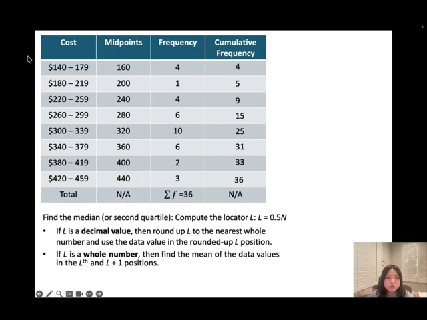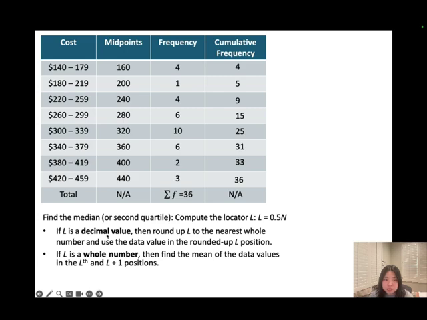Okay, now we're going to follow the steps here, how to find the median in the frequency table. So we do have the formula L equal to 0.5 times N. L represents the locator, the position of the data. N represents the total number of the data, which is going to be 36 in this example.